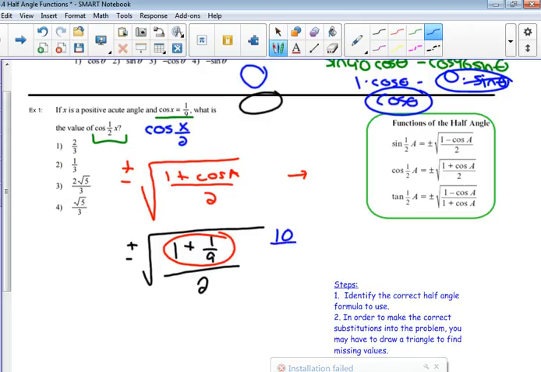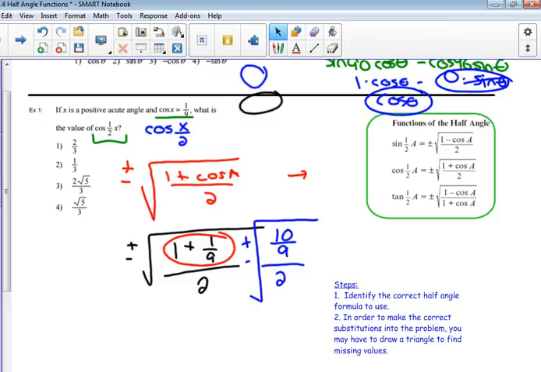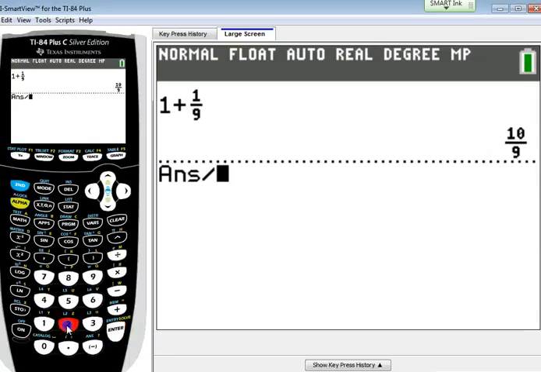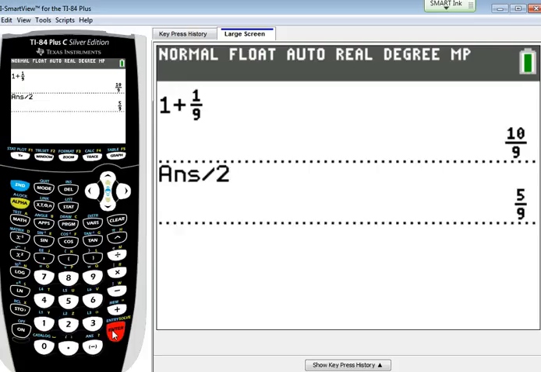This will give you 10/9, all divided by 2. Let's figure out what this is. If we take 10/9 and divide it by 2, we get 5/9. Great.